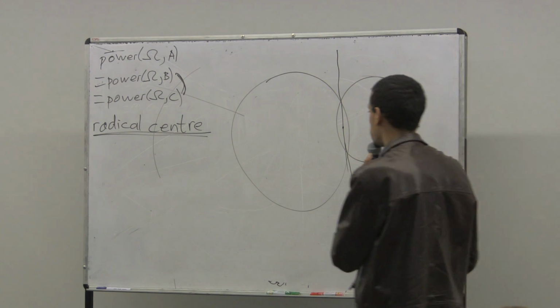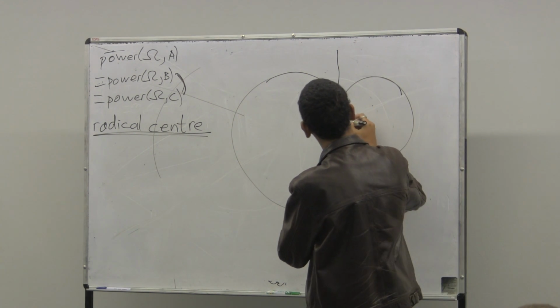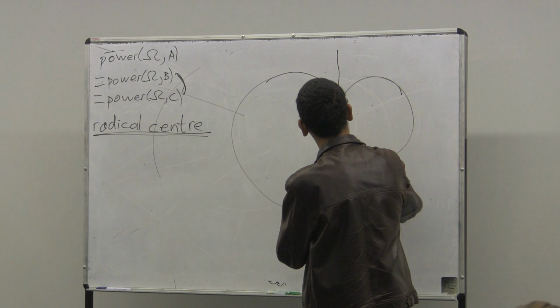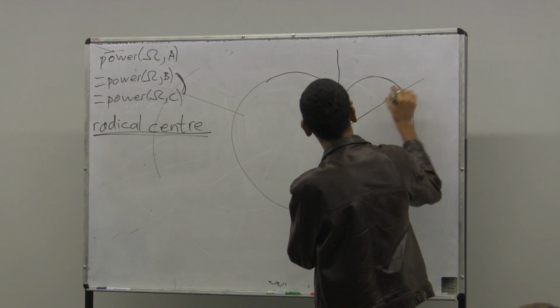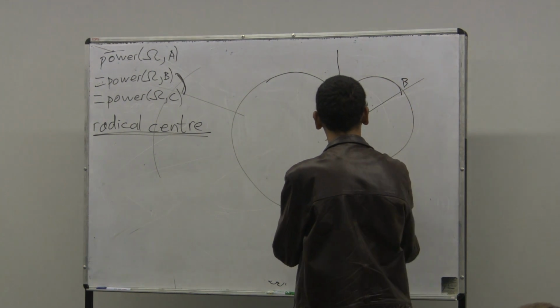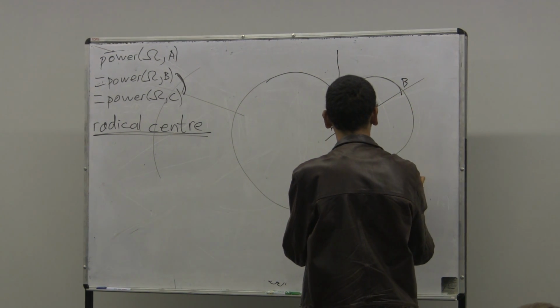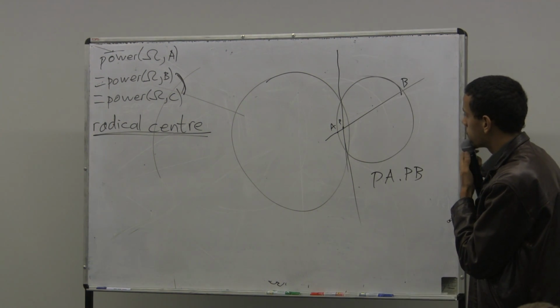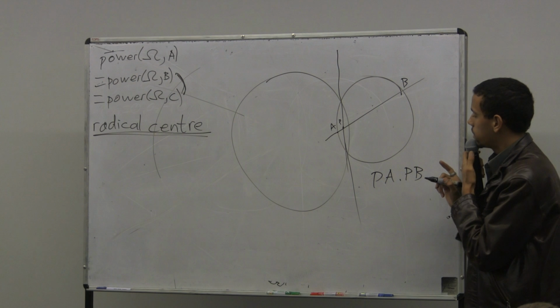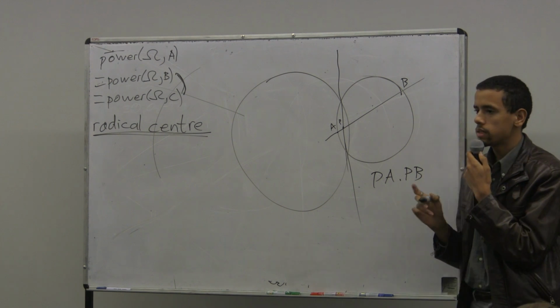Well, it's kind of in the same way. Let's say that's point P. We draw a line through point P. That's A and that's B. The power is PA times PB. So it's basically the same.